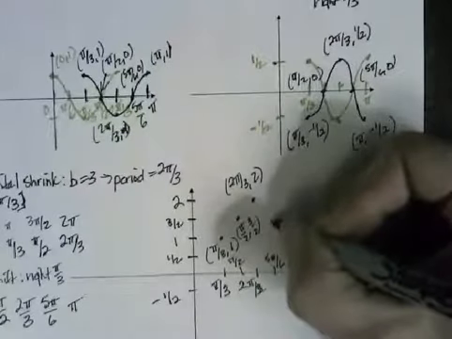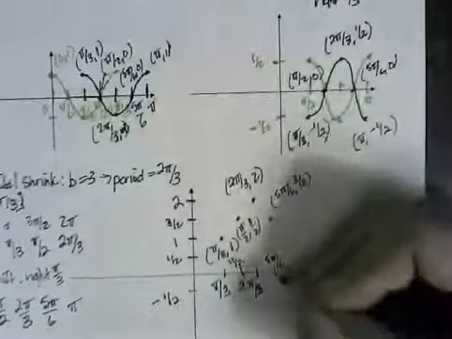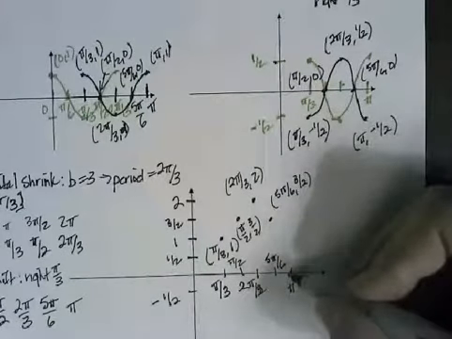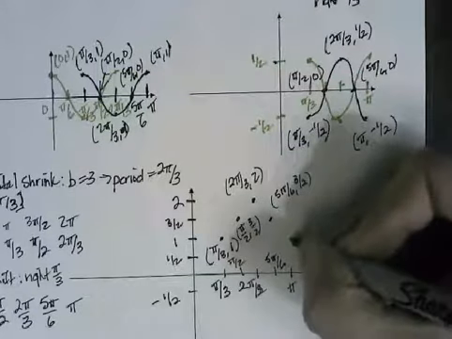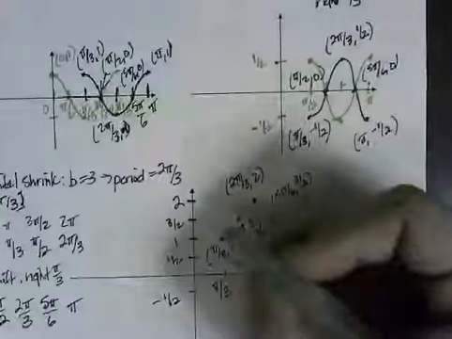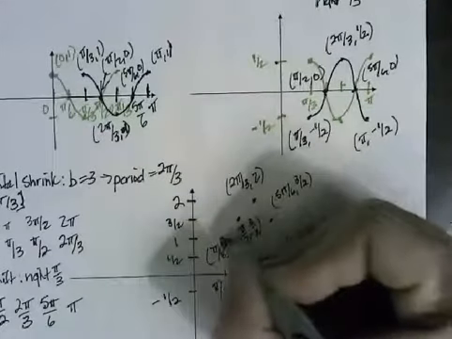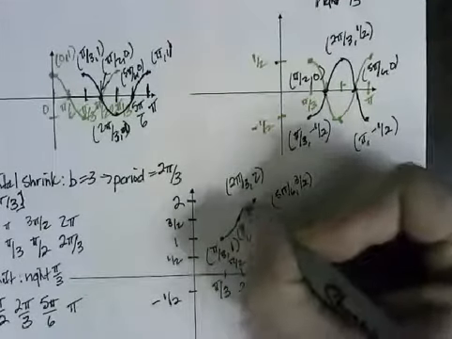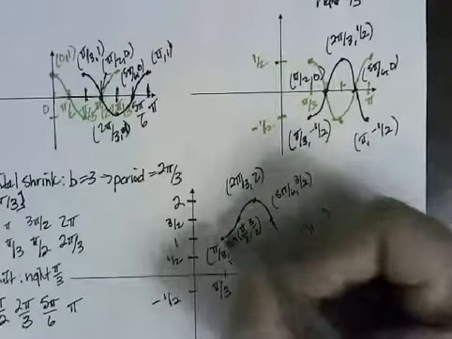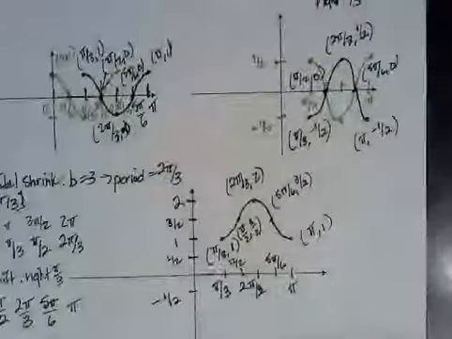This point will move up to a y value of 1/2. This point moves up to a value of 3/2 for the y, and this one moves up to 1. That way I've got both coordinates for all 5 of my key points. That's what my final graph looks like.